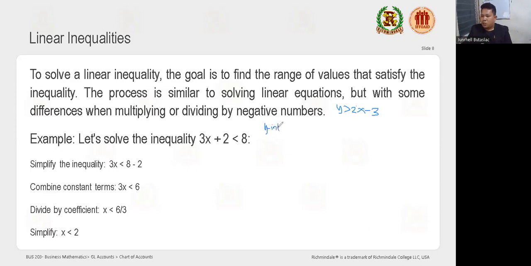So the y-intercept is equal to -3, and our slope m here is equal to 2.